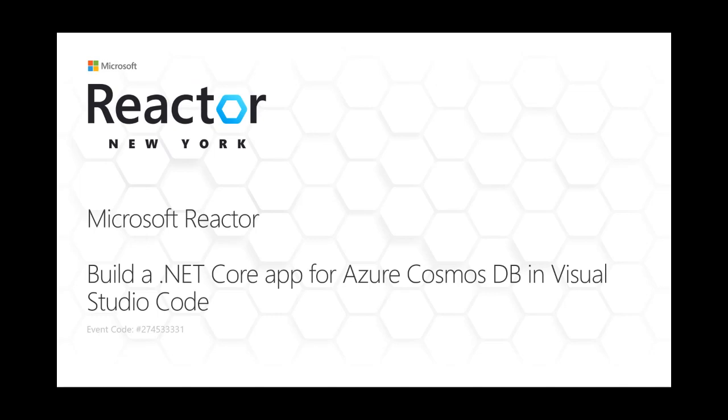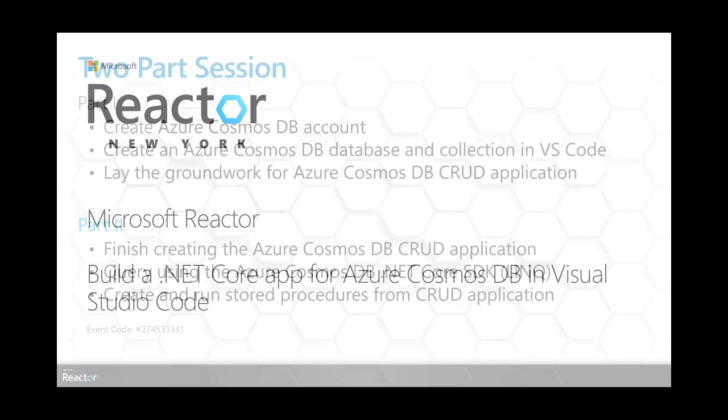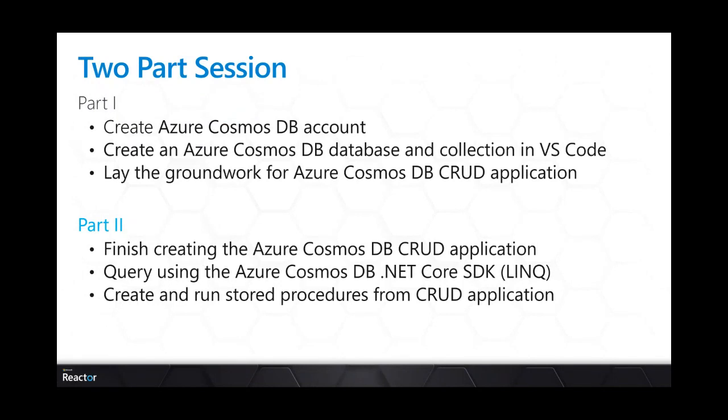Thank you, Rebecca. So hello everyone. We're continuing this Learn module, build a .NET Core app for Azure Cosmos DB and Visual Studio Code, from last week. Like Rebecca said, this was a two-part session. Last week we went over creating a Cosmos DB account, and we used that account to create a database and a collection, which is typically a table, and in Visual Studio Code we laid the groundwork for a basic Cosmos DB CRUD application.